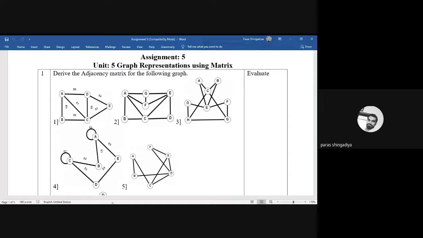Okay, so I think we finished assignment number 4 and we had started assignment number 5 in the last lecture. How many examples had we finished in the last lab?